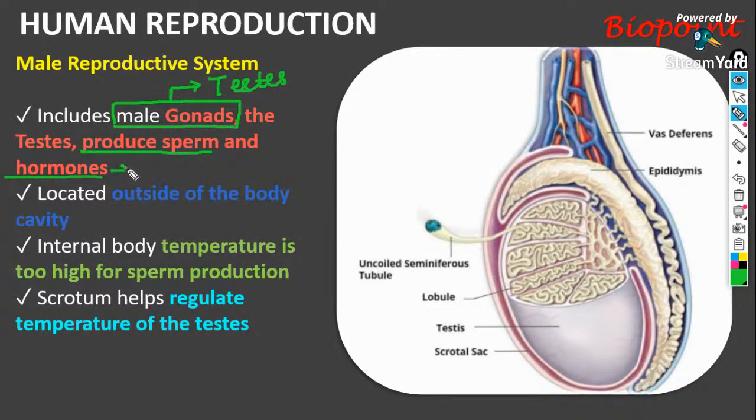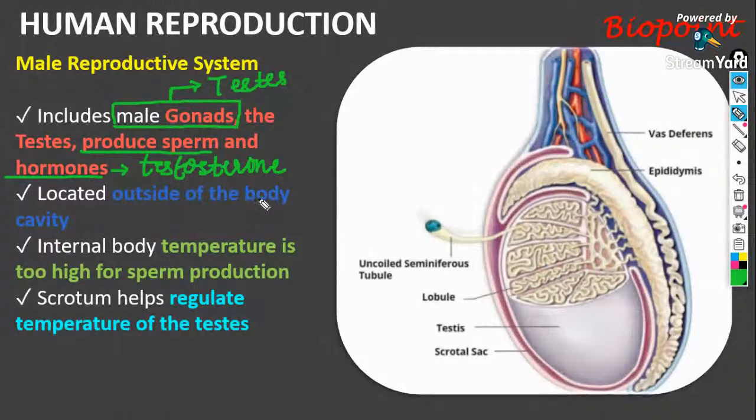Anybody can tell me on the chat box what is the name of the hormone produced by testis, the male gonad? Absolutely, testosterone. Okay, please study the concept very clearly. It is testosterone.